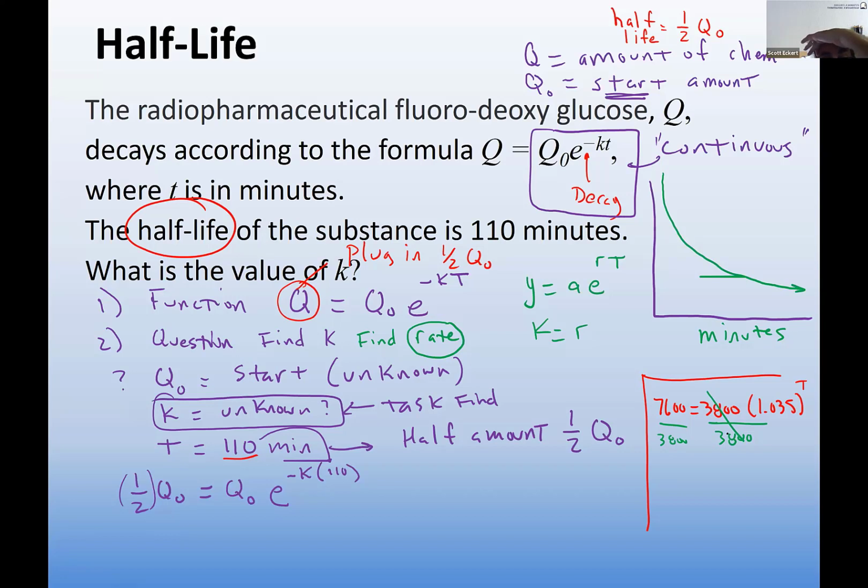Well, even though there are unknowns in this problem, that's still our first algebra step here. I have a multiply. Let's divide by the starting amount, Q naught. Q naught divided by Q naught cancels. What happens over here? Q naught divided by Q naught cancels. And the net outcome is 1/2 equals e to the minus 110 times K.